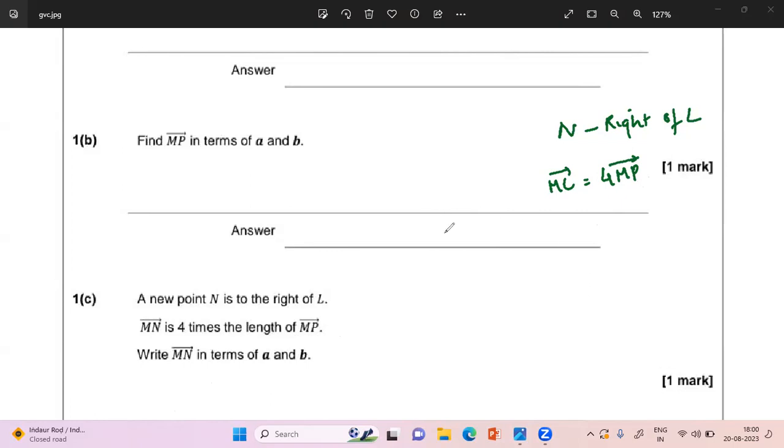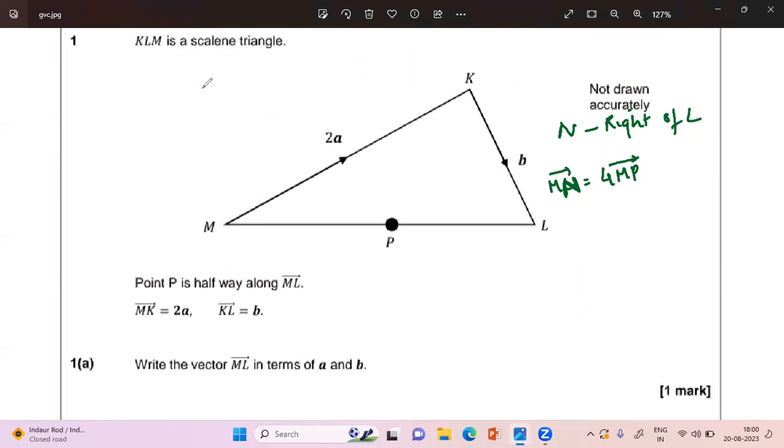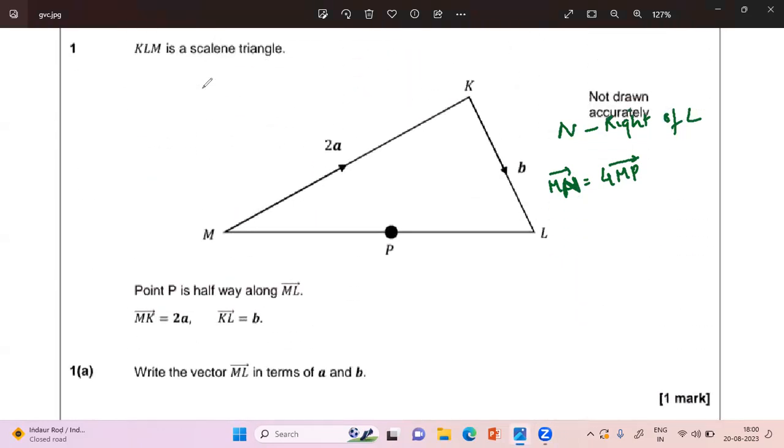Okay. So it's MN, right? So MN is 4 times MP. Now it says N is to the right of L. So somewhere N is here. We don't know where it is, but right of L. And MN is 4 times MP. So MN, that means this whole, is 4 times MP.